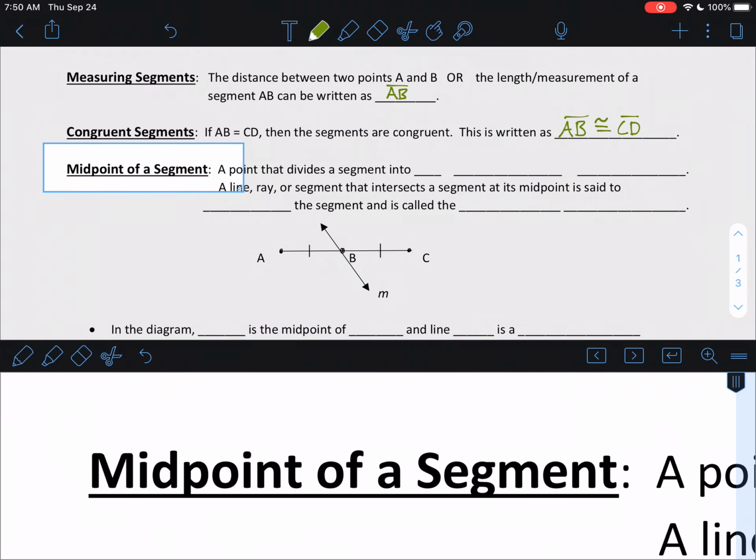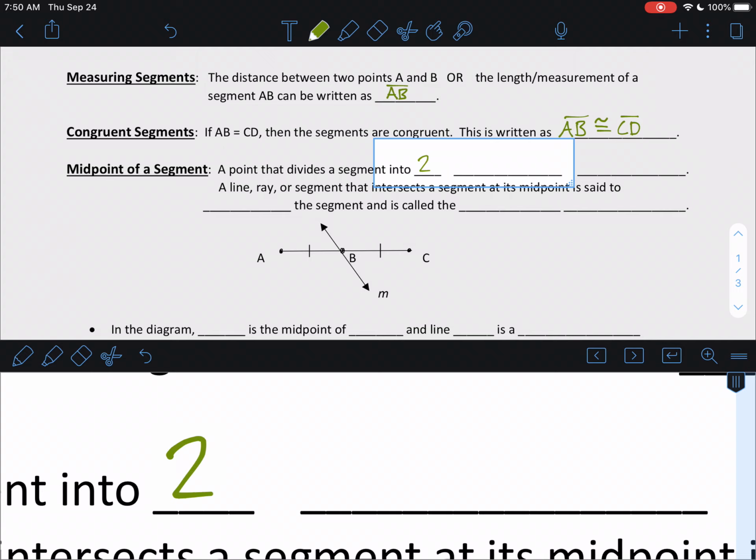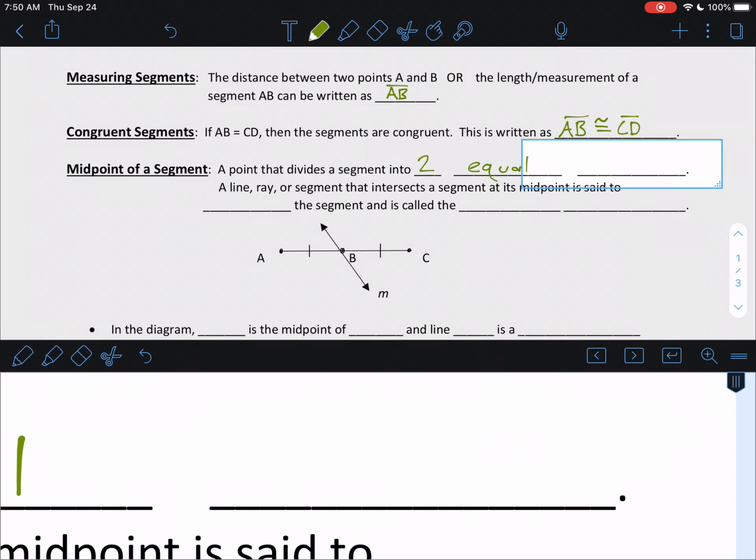And then midpoint of a segment. We've talked about midpoints before. But the midpoint is a point that divides a segment into 2 equal segments. So the midpoint is exactly between the 2 endpoints. The distance between one endpoint and the midpoint is going to be the exact same as the distance between the other endpoint and the midpoint.